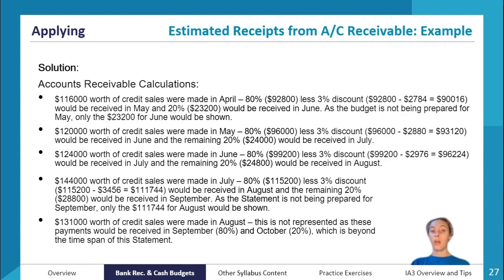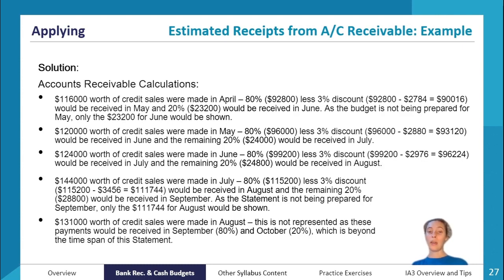So we were told in that financial information specifically that we got $116,000 worth of credit sales in April. And then 80% were going to be received in the month following sale with the 3% discount.